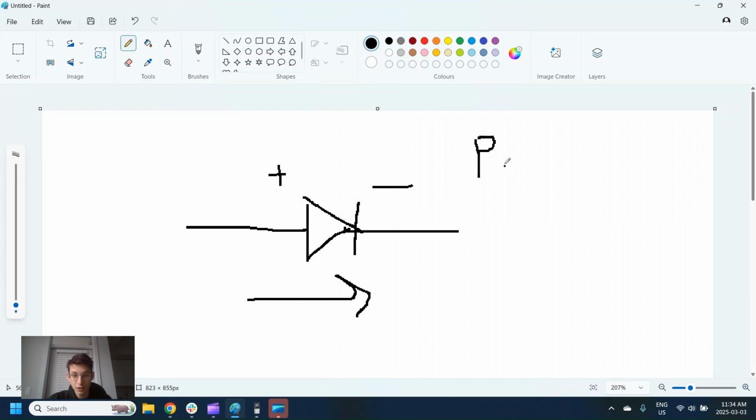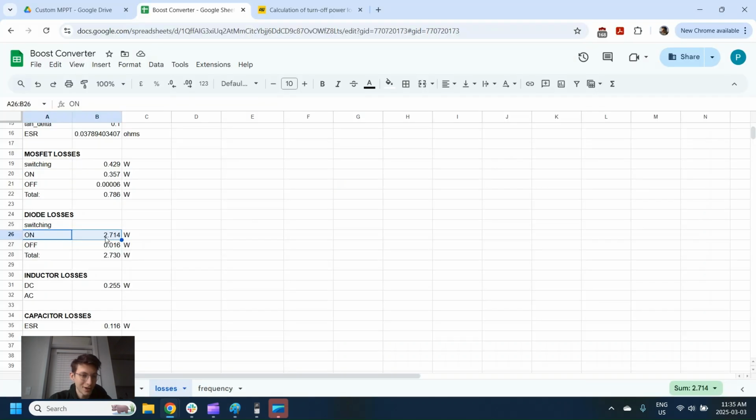Well, the power losses are just going to be the forward voltage, that's that sort of like 0.7, times whatever current we're taking through it. So I on, let's call this V forward times I on. There you go. That's our power losses in the diode. V forward times our current.